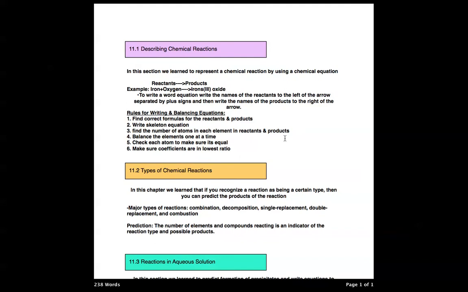To write a word equation, you write the names of the reactants to the left of the arrow, separate them by the plus sign like we said, and then that leads to the products on the right. For example, a chemical change occurs when bread is being baked.